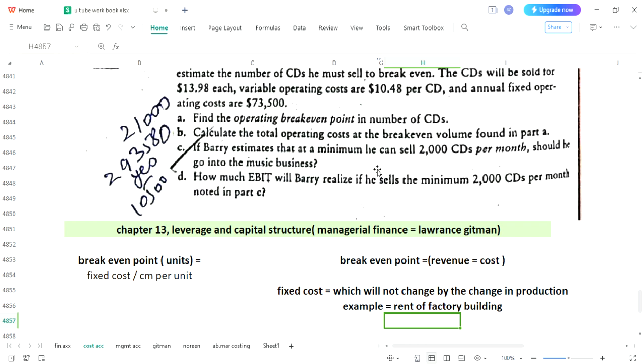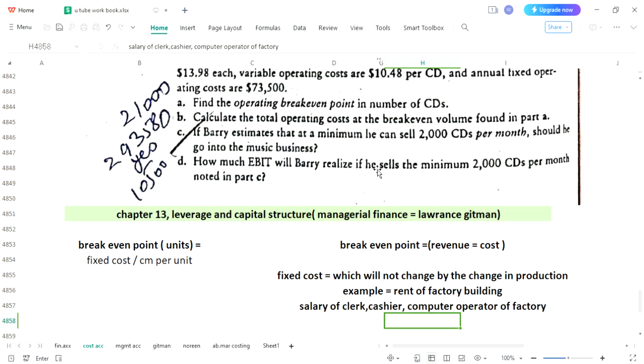Another example which we can take is salary of clerk or cashier, or salary of computer operator of the factory. So hopefully you are now getting the point.